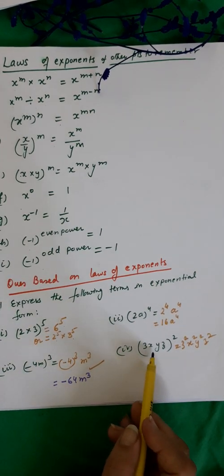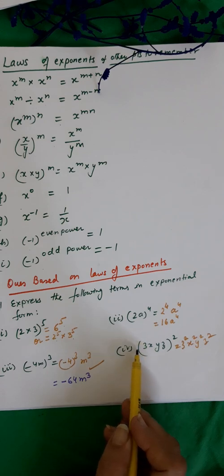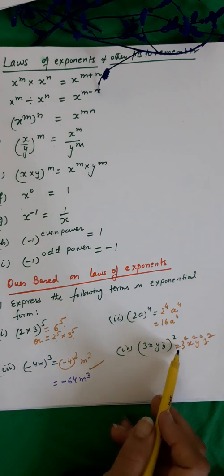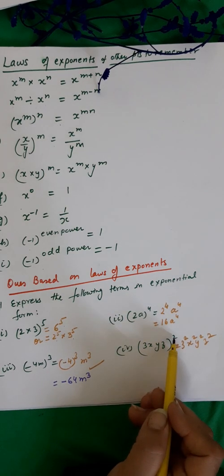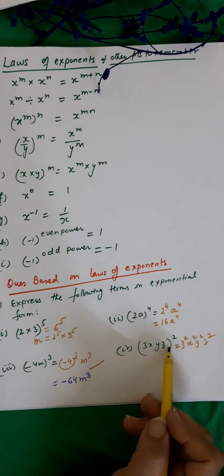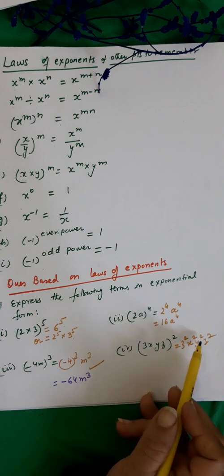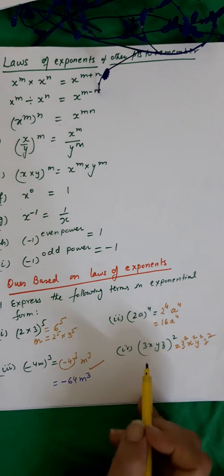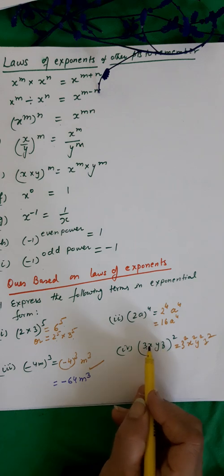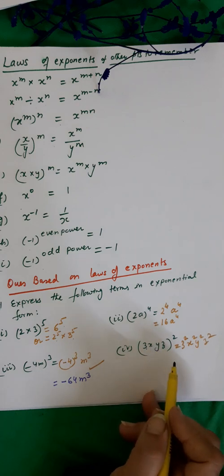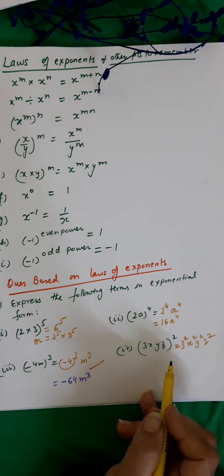Next, 3xyz whole square. So this power 2 will be distributed to all these, right? That will become 3 square, x square, y square, z square. And if there is no sign in between, it means it is a multiplication sign.